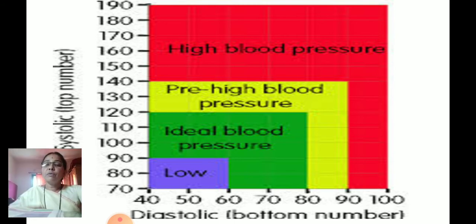Blood pressure is on the vessels due to contraction and relaxation of the heart. When the heart contracts and relaxes, it is sending the blood. Think of when you suck the juice from a pipe, you suck it, and when you are sucking, pressure is there on the pipe.